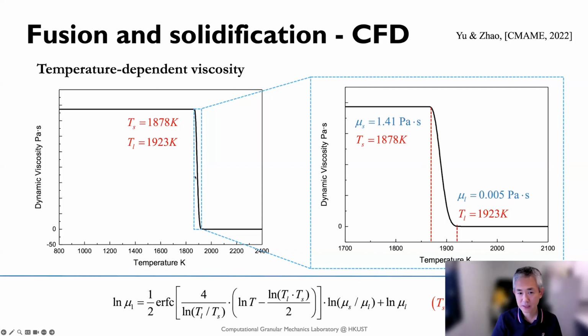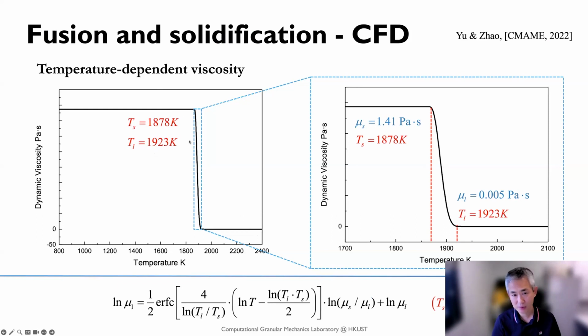So the fusion process is basically melting from a solid into a liquid. As I mentioned, we normally treat it in a CFD, where we build a fluid model with different viscosity.